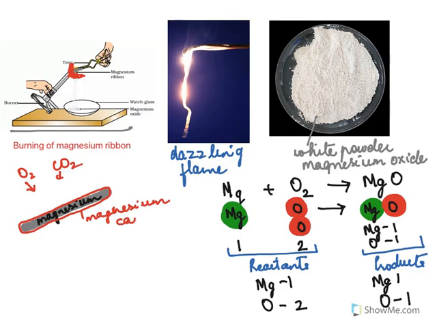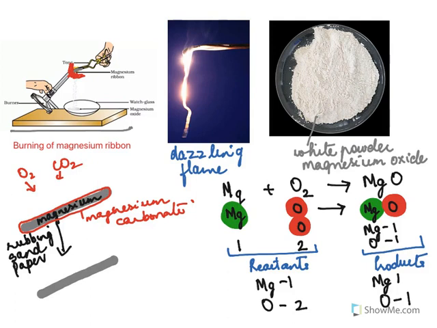So before you start burning, you need to remove this layer. How would you remove it? By rubbing it with sandpaper, the rough paper that carpenters use. You rub it, and this outer layer is removed. You have a fresh piece of magnesium ribbon, and then you burn it.